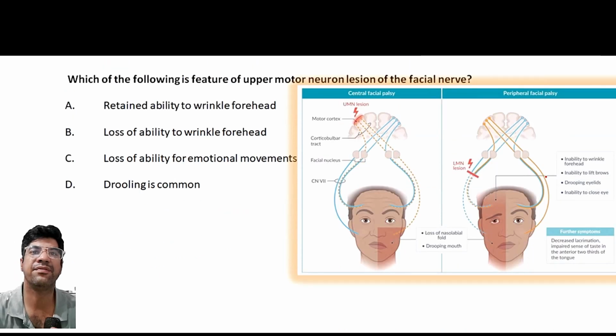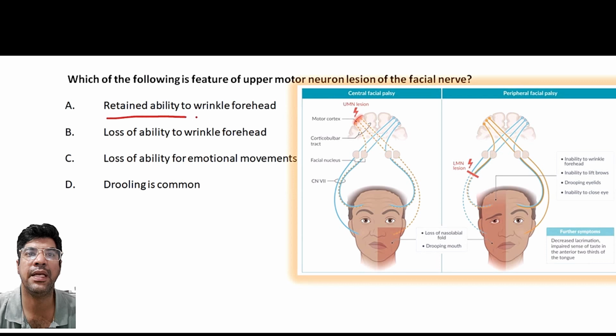Which of the following is a feature of an upper motor neuron lesion of the facial nerve? In an upper motor neuron lesion of the facial nerve, such as central facial palsy or a supranuclear lesion, the upper part of the face, including the forehead, retains the ability to make voluntary movements and wrinkle.